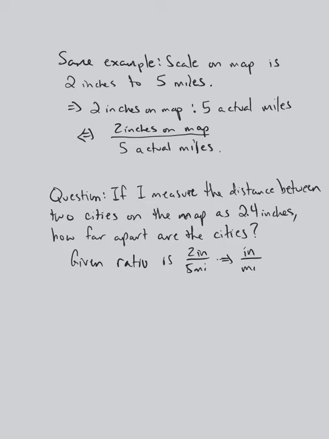I'm going to use the abbreviation, but you could write them out too if you don't know the abbreviations for them. So we have 2 inches to 5 miles on that map. Now what we want is the actual distance, and so we want the miles. What you can do is get a proportion based on the given ratio.